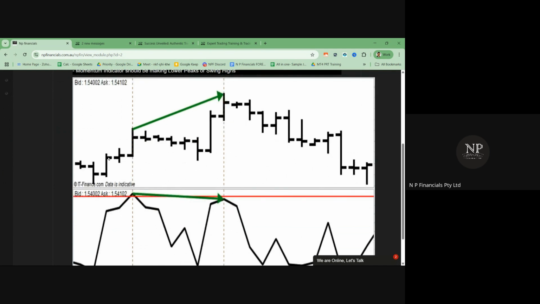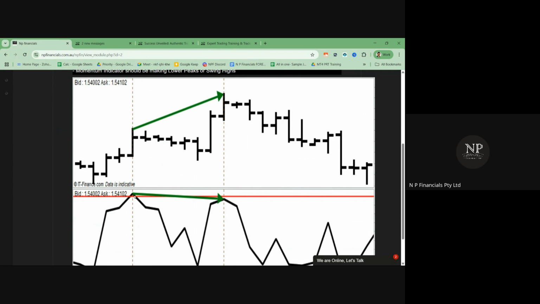As you can see, price is going up in the second term time frame, because the swing high is higher than the previous swing high, and the swing low is higher than the previous swing low. Swing high, swing low going up. That means second term trend is up. But at the same time, this is a swing high, and the second swing high is higher than the first swing high, but our proprietary divergence indicator made a lower swing high corresponding to this. First thing first, it must touch the red line.